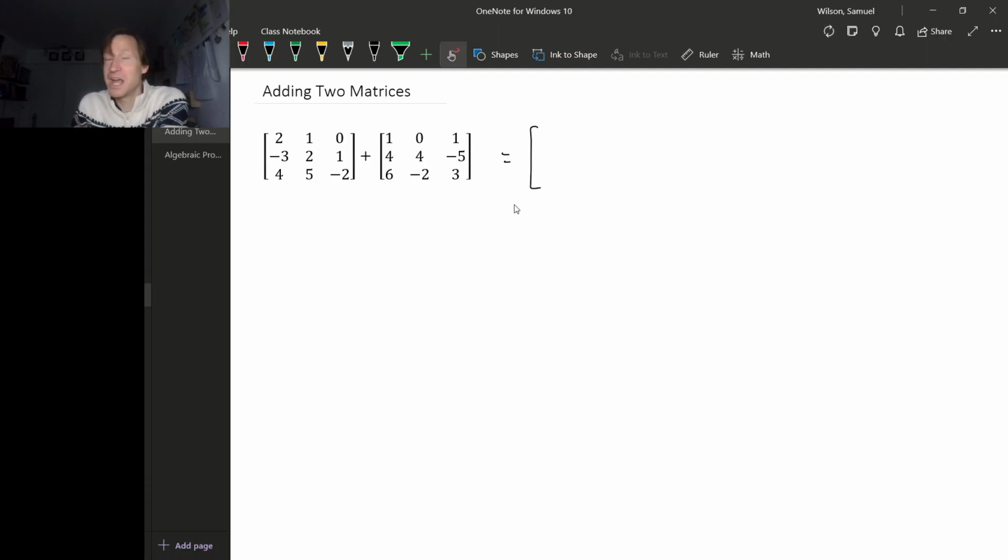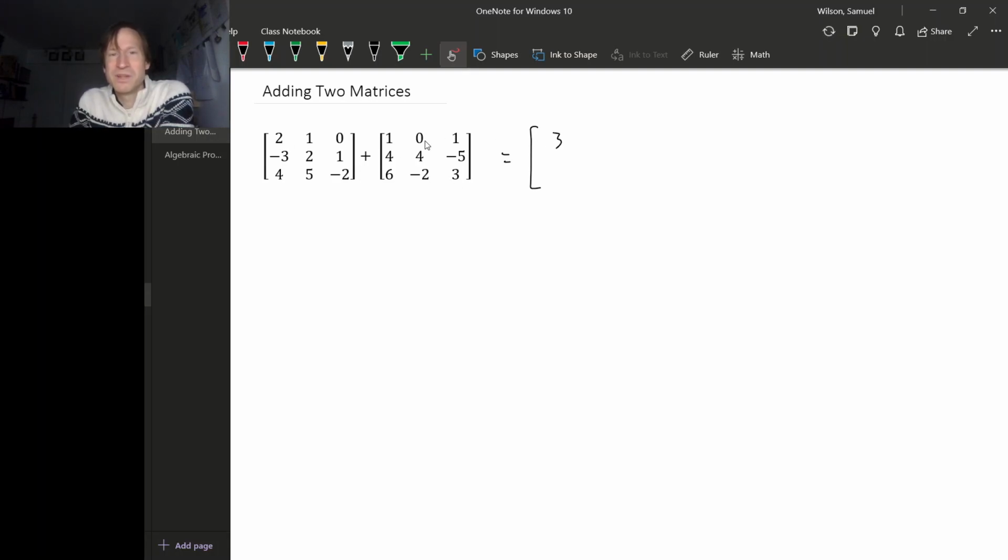So this is a very unexciting arithmetic problem. Rather than when you add two numbers, you just add the two numbers, when you add two matrices, you have a bunch of different additions to do, one for every position in the matrix. So in our 1, 1 position, 2 plus 1, that's 3.